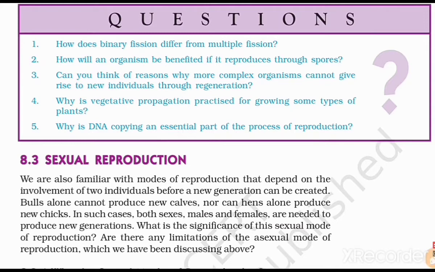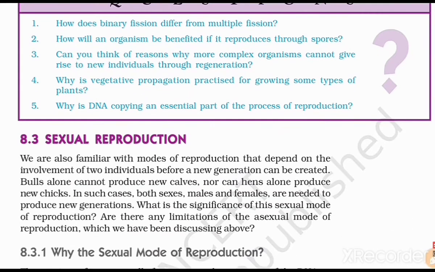Because these plants do not produce seeds. By vegetative propagation, through the root, the stem, and the leaves, it can be propagated, it can be regenerated. That is known as vegetative propagation. I have already given the example for this.